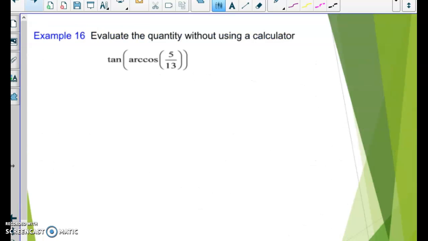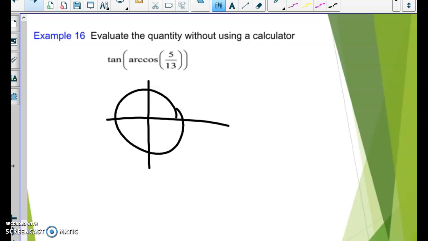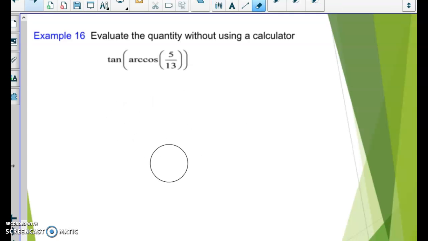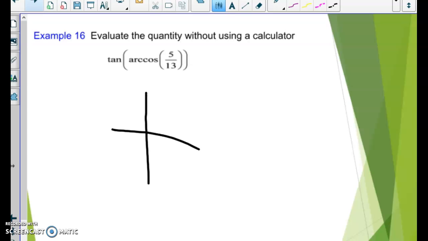So let's take a look at this one. Now this one is not on the unit circle, 5/13. The inside part is where we're drawing the triangle, and the outside is where we're going to answer it. So I'm going to go to my first quadrant where the cosine is positive, and I'm going to say adjacent over hypotenuse.